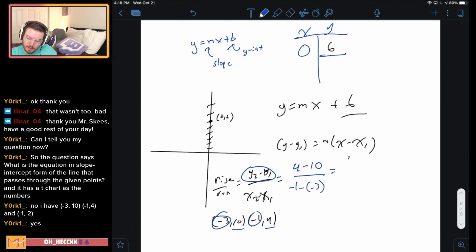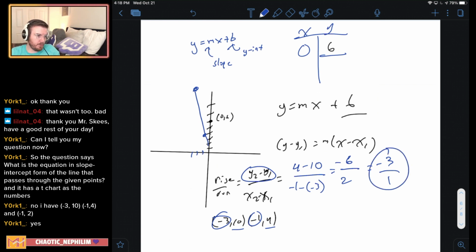So I get -6 over 2. So my slope is -3. Which makes sense because we're going down, right? -3, 10, and then -1, 4. We're working our way down, right? So my slope is -3.